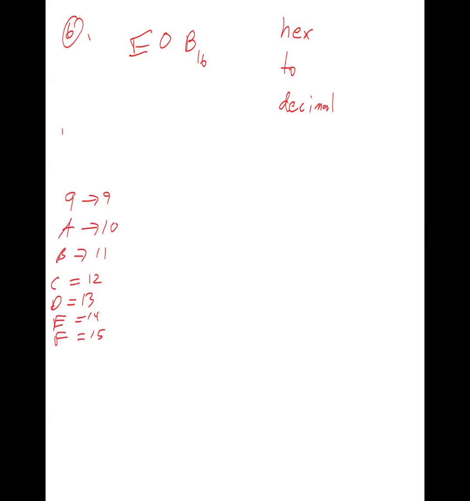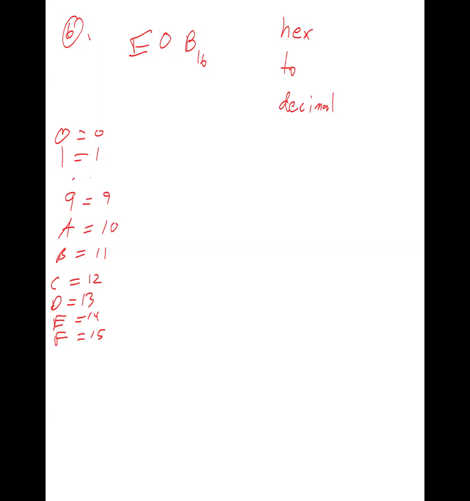So 0 through 9 are the same as before, but A through F represent 10 through 15.